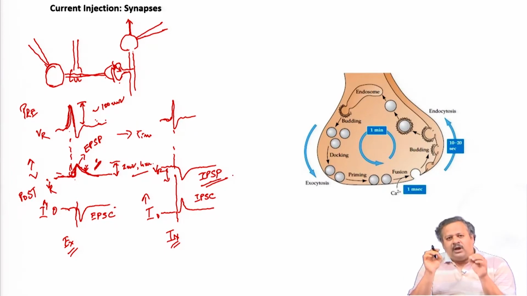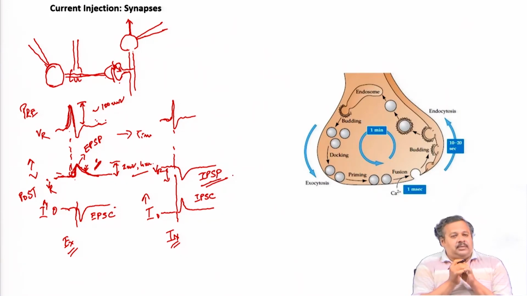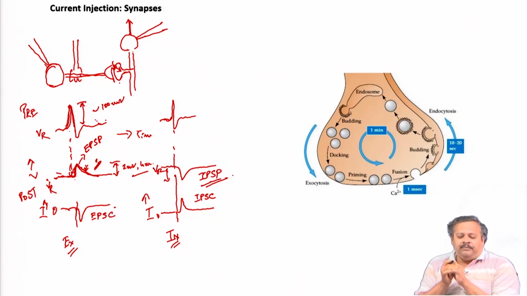And there are small current injections in each of those synapses, and this current injection is not always the same, in the sense that if you have an action potential every time, the postsynaptic potential is not going to be the same.